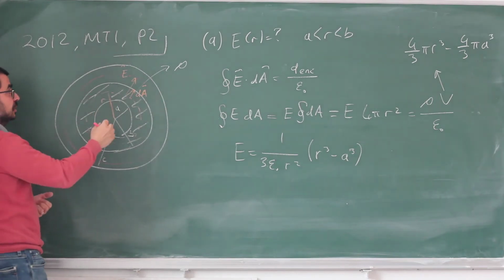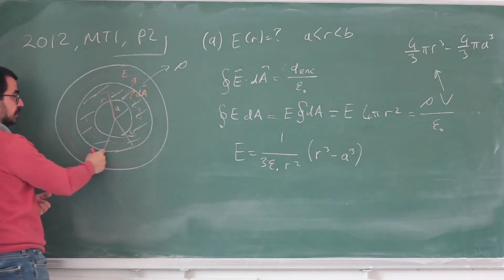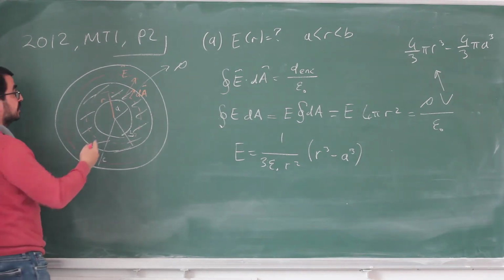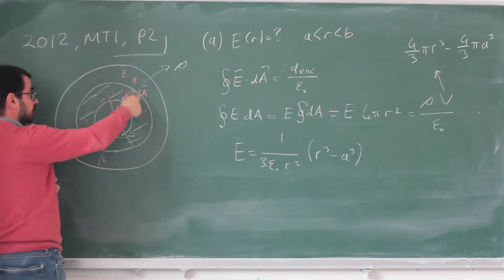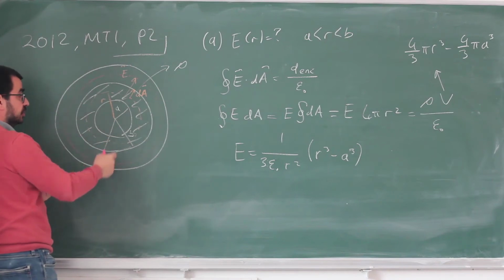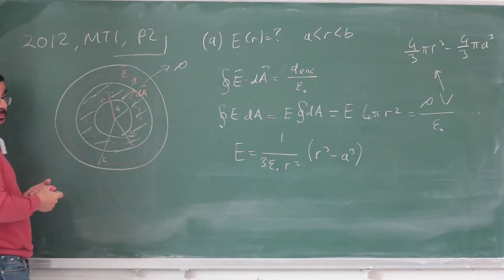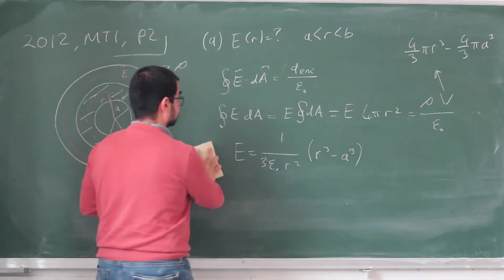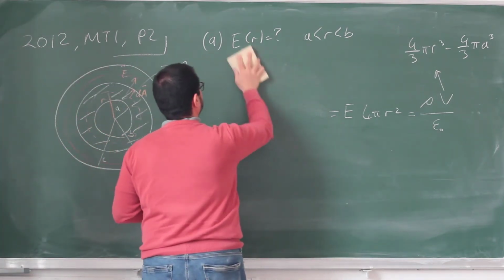It also includes the charge that's induced on the inner surface of the conductor. Because their sum has to come to 0, the induced charge on the inner surface of the conductor must be equal and opposite to the total charge in the insulator part. So let's erase this. We don't actually need any algebra for this part.